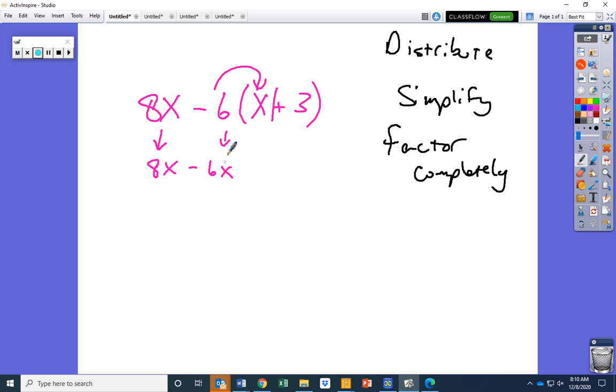Thank you. And negative 6 times positive 3. Now, can I combine anything here? I distributed, so I'm good there. Can I combine anything? 8x minus 6x, what is that? 2x. Okay, did I simplify? Yes.